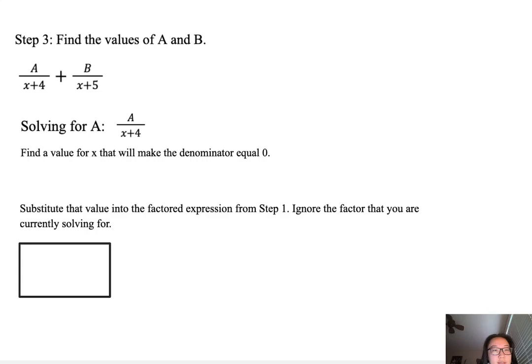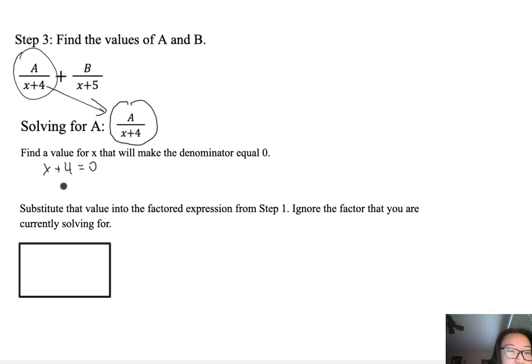We have to find a value for x that will make the denominator equal to 0, and we are only looking at this partial fraction, because A is the numerator of this fraction and not the other one. So we set x plus 4 equal to 0, and we get that x equals negative 4.